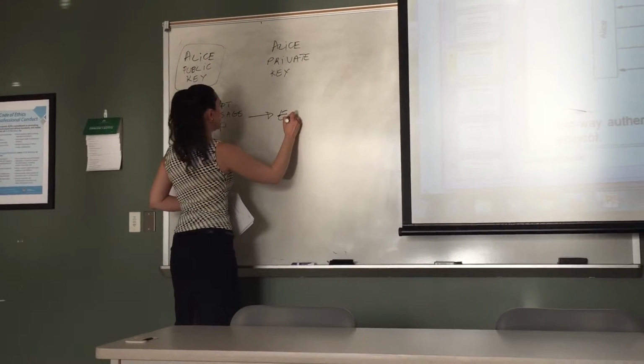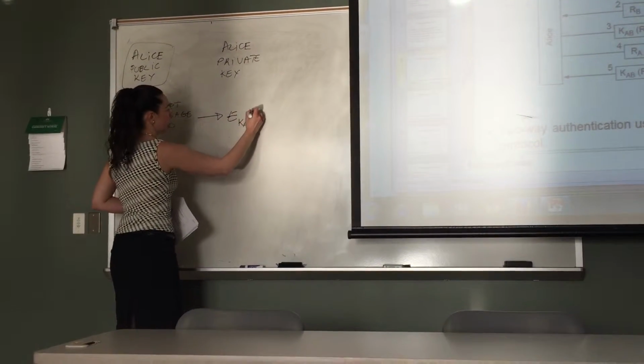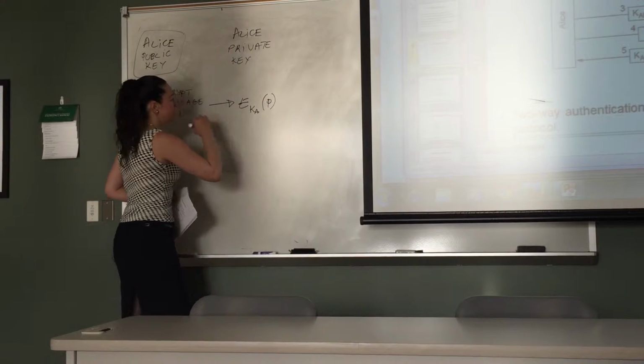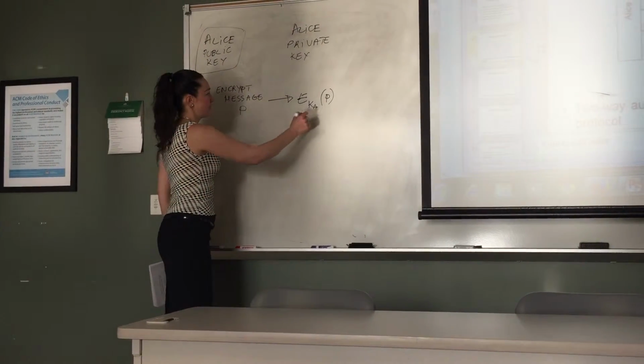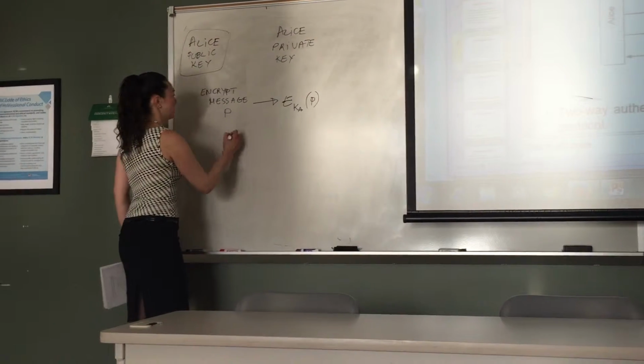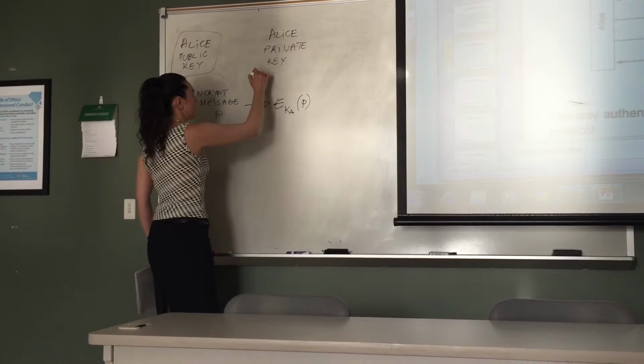So we have an encryption algorithm that is using the public key of Alice to encrypt the message, and then in order to decrypt this message, the only way to do that is to use the private key.